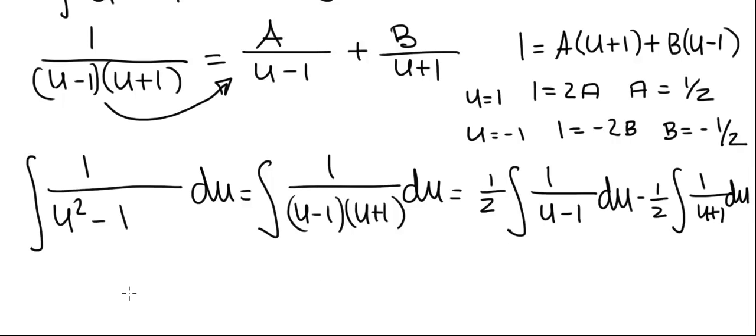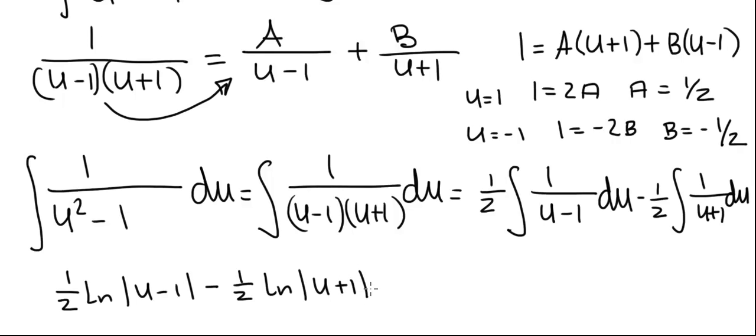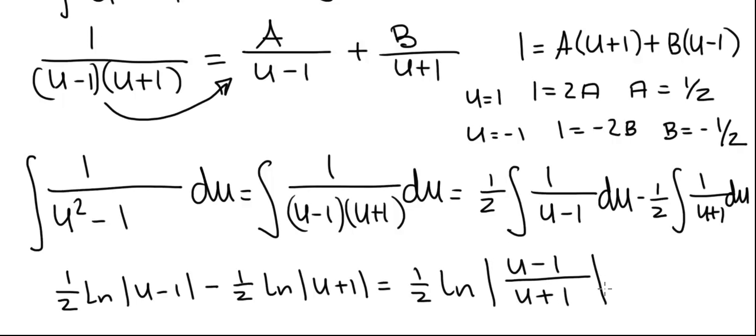And these are easy integrals. This is 1 half natural log of the absolute value of u minus 1, minus 1 half natural log of the absolute value of u plus 1, which we can write as 1 half ln absolute value of u minus 1 divided by u plus 1.